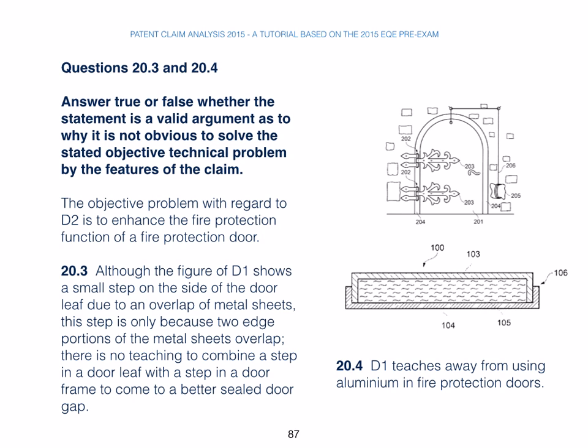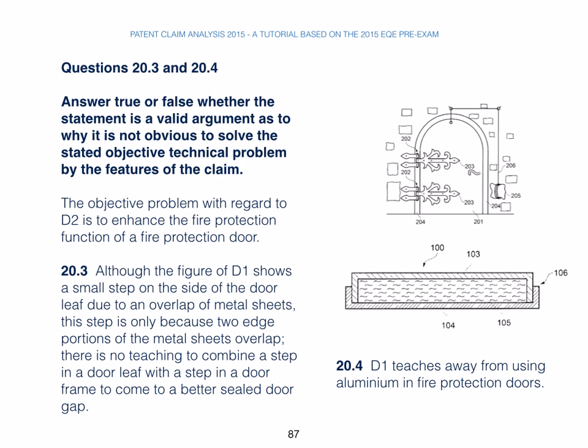For 20.4, the statement is that D1 teaches away from using aluminium in fire protection doors. We have to consult D1 to see what it says about teaching away from using aluminium in fire protection doors.